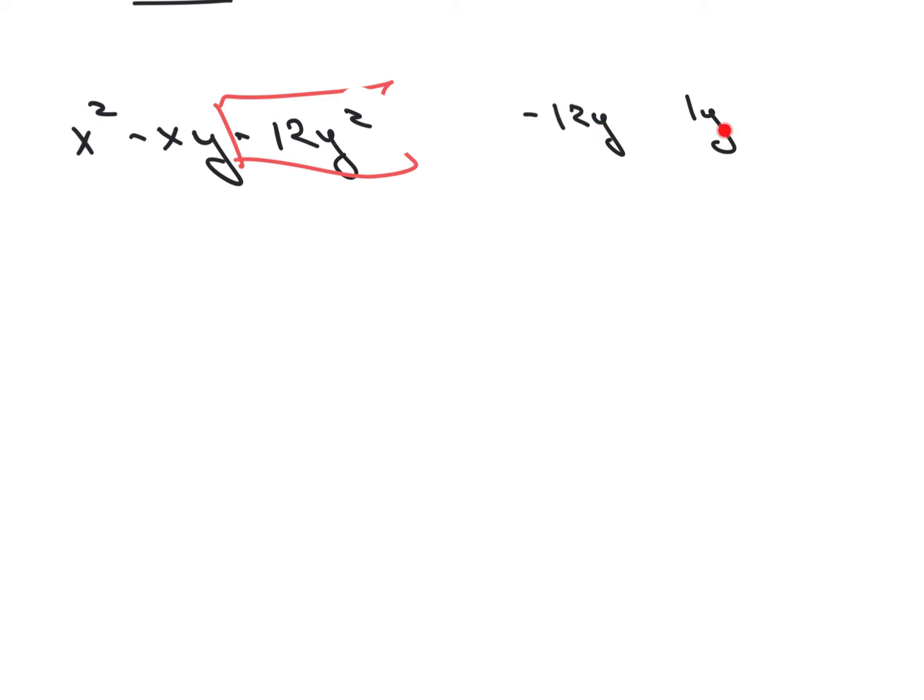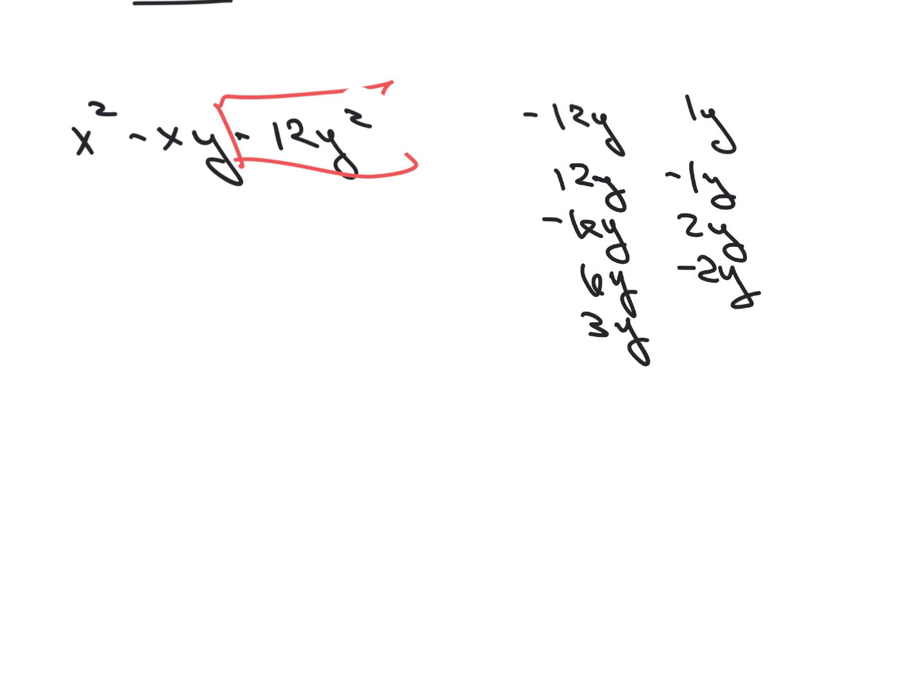That's why I have a y in each of these pairs. A 12y and a negative 1y, a 6y and a negative 2y, a 3y and a negative 4y, negative 3y and a positive 4y. I think that's it.